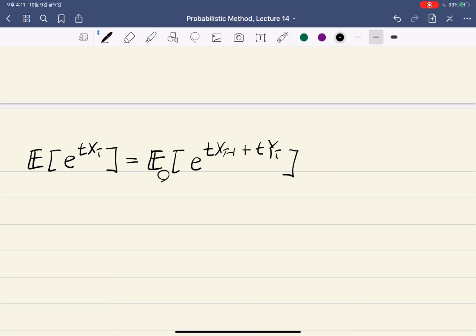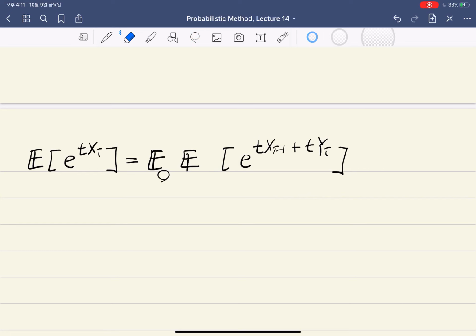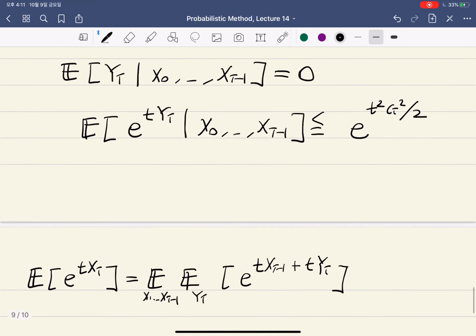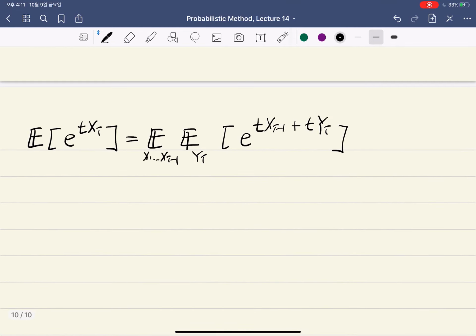So this can actually be taken into two expectations. One is over yi, and one is over x1 to xi minus 1. And you can take the first one here.